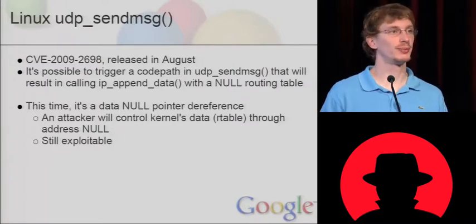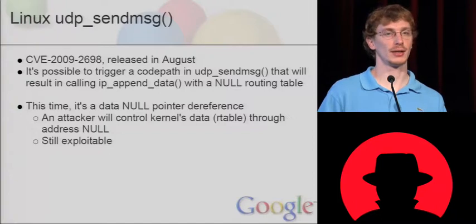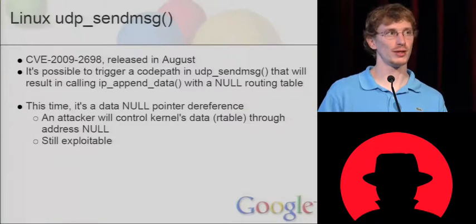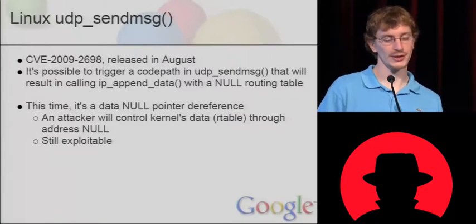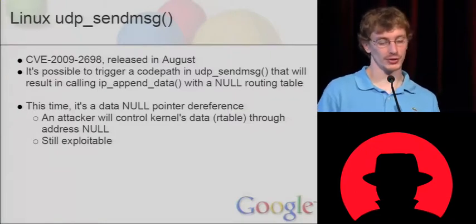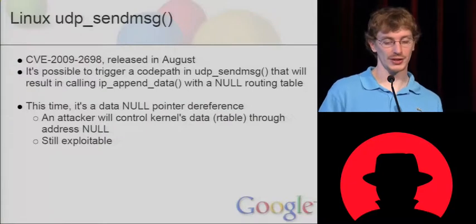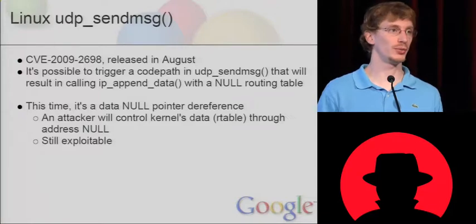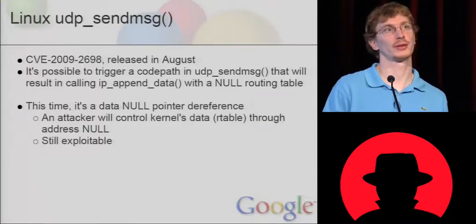The interesting part of this bug is mostly that it's quite hard to spot. If you look at this function, the code path is really complicated. And this time it was a data null pointer dereference. The attacker would control some kernel data, a routing table, through address null, and this turned out to be exploitable as well, although it was less trivial.